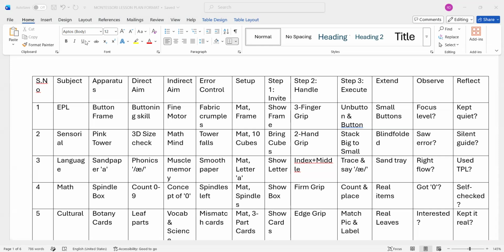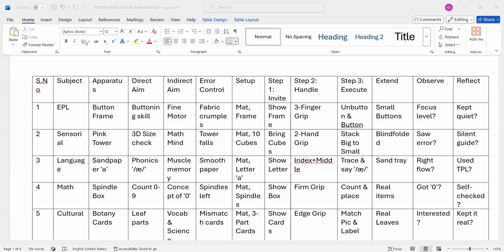Now, when we talk about the Montessori practical practices, when we become a Montessori directress, we have to focus on the academics, which is the curricular and the co-curricular part. In academics we have to focus on some disciplines or subjects.